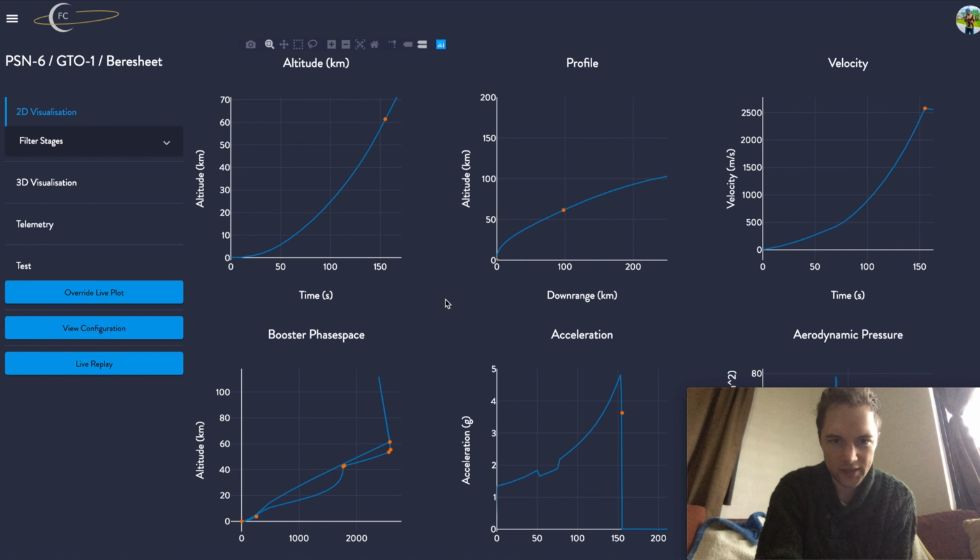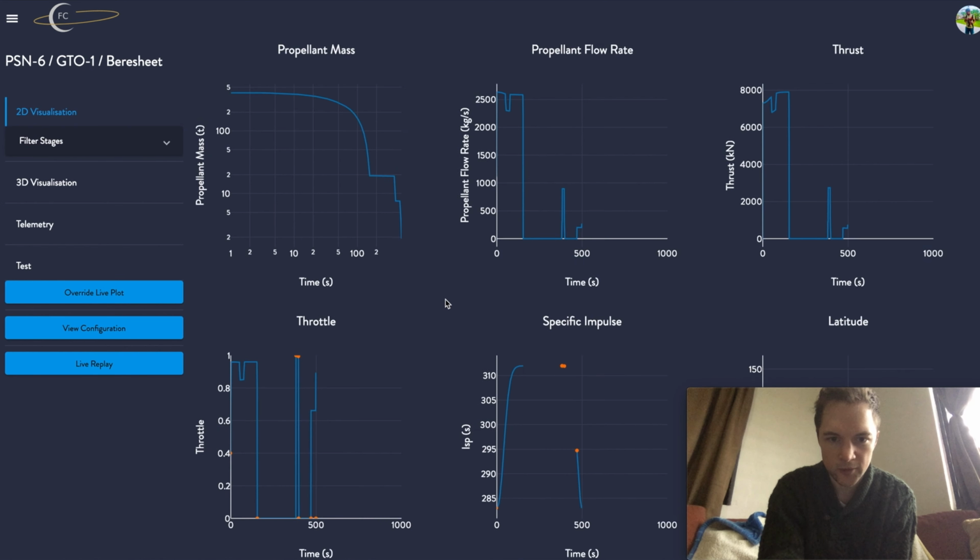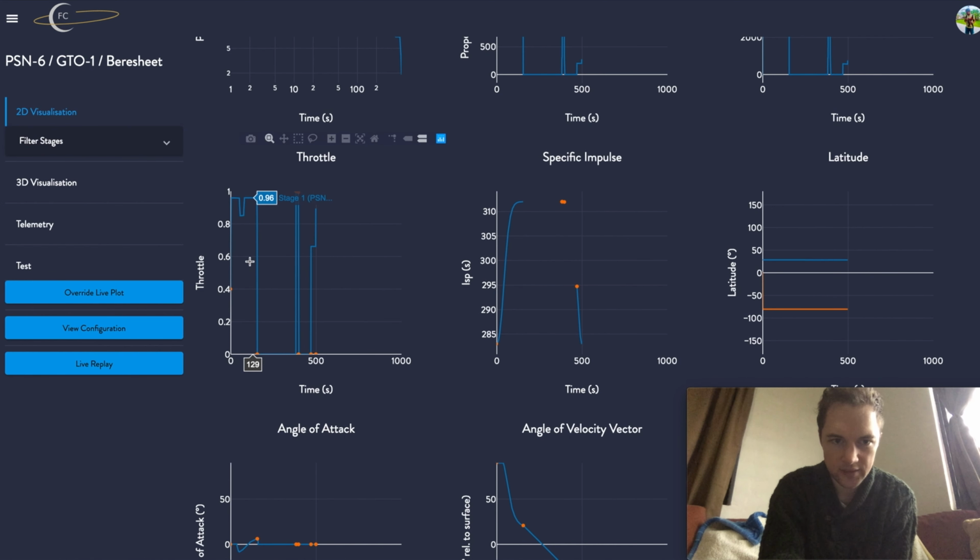I'll need to make one guess. Well, the altitude and velocities will be guesses anyway, I suppose. But I will have to guess a throttle profile, which I don't think is that big a deal, because generally SpaceX with their Block 5, they don't go to 100% throttle. They kind of stick around 96, 97, throttle down for max Q for a while, and then go back up again.